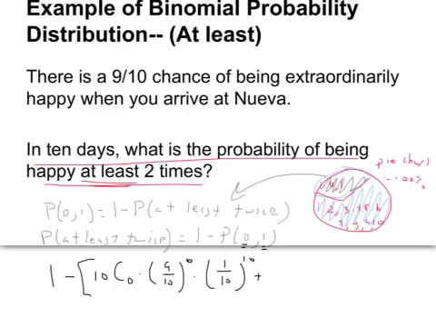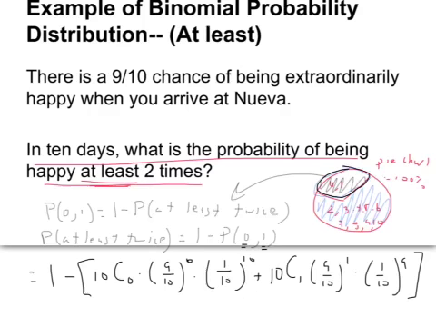So plus 10 choose 1 time to be happy, and then 9/10 to the 1 times 1/10 to the 9. So this entire sequence is the probability that I'm happy at least 2 times. And so what I did is I found the probability of being happy 0 or 1 time, and I subtracted that from 1. And when I subtracted it from 1, I get the region that I'm looking for.